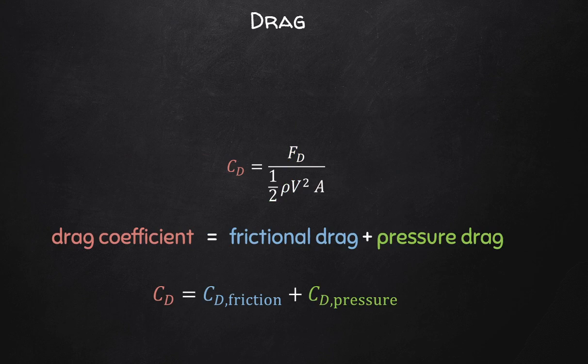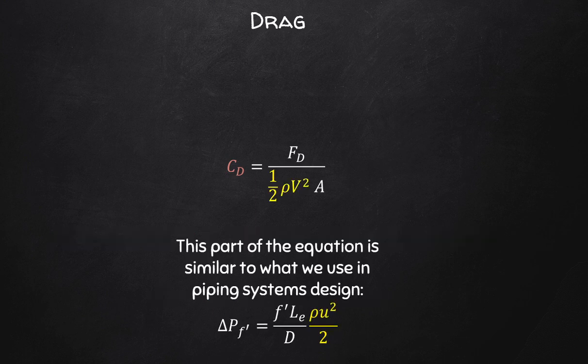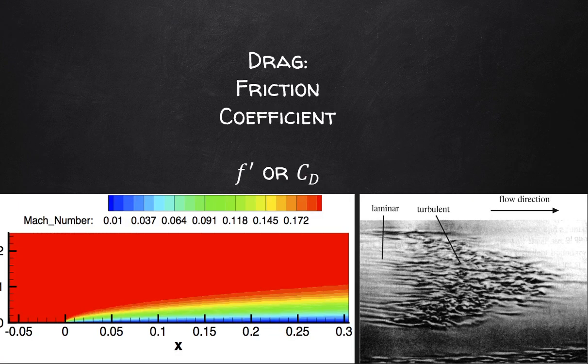So in other words, we use the same form of equation to describe pressure drops for fluids across surfaces. And it just so happens that for pipelines, we just include the FD over A in that term delta P F prime.